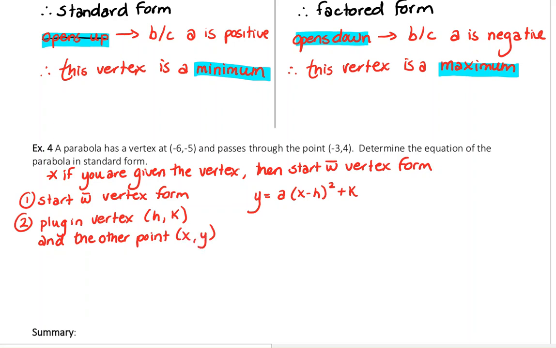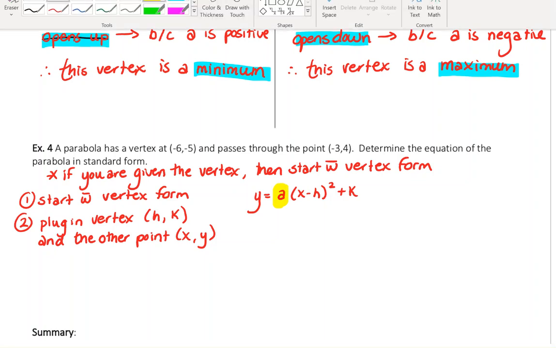That's where you plug that point into your equation where x and y are. The whole point is that we're going to follow order of operations, isolate and then solve for our a variable, because that's the only part of this equation that we're not given. So we want to figure out what that a variable is that I've just highlighted.